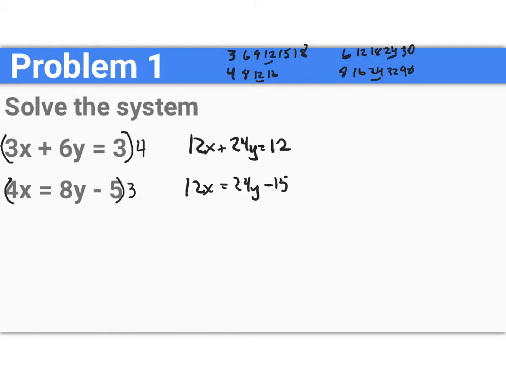Okay, this equation is not in standard form, so I'm going to move this y term over. So before I go any further, 12x plus 24y equals 12. 12x minus 24y equals negative 15.